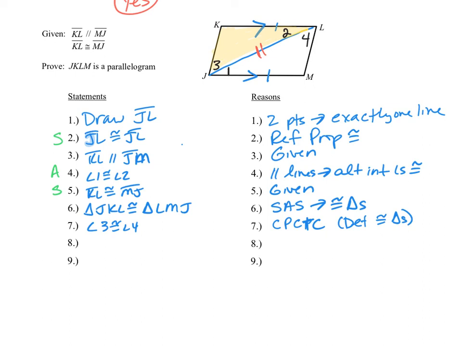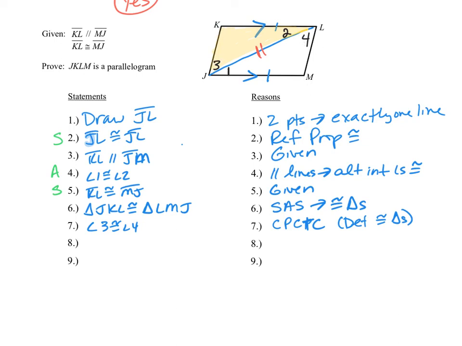So now that I know that 3 and 4 are congruent, if we look at this blue transversal and side KJ and side LM that are being transversed by this transversal, then 3 and 4 would be a pair of alternate interior angles. And when those alternate interior angles are congruent, that guarantees that the lines are parallel.